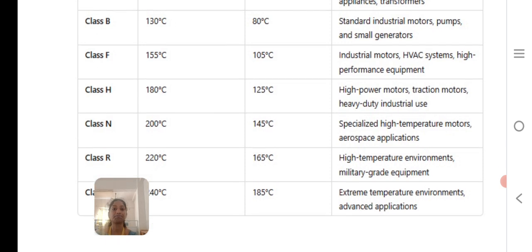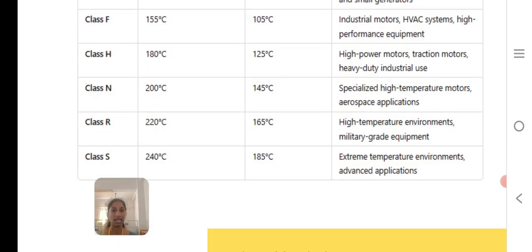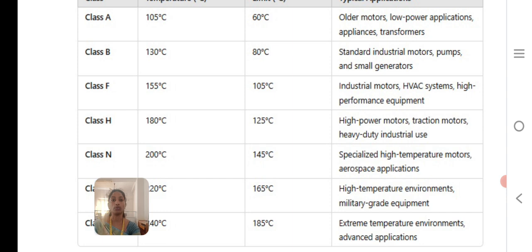Similarly, class N and class R are 200 and 220 degrees Celsius respectively, used in aerospace applications for class N, and military grade equipment for class R. Class S is 240 degrees, used in extreme temperature environments and advanced applications. Similarly, this company manufactured a class F induction motor, which was bought by the groundnut processing factory.